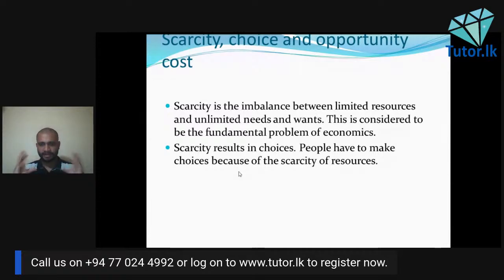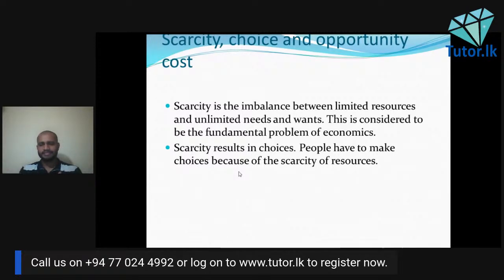But now you know they need some factors. Businesses need some inputs, or factors of production, or resources to run the business. Do they have unlimited resources? On one hand they have unlimited wants, but on the other hand they have only limited resources, isn't it?